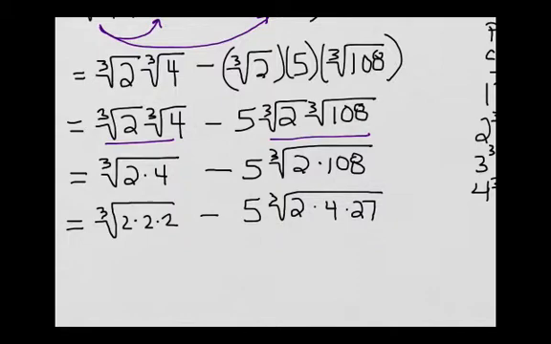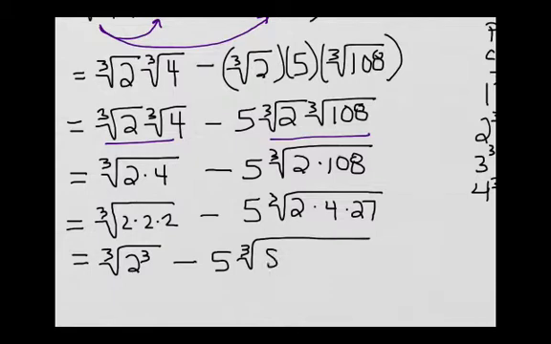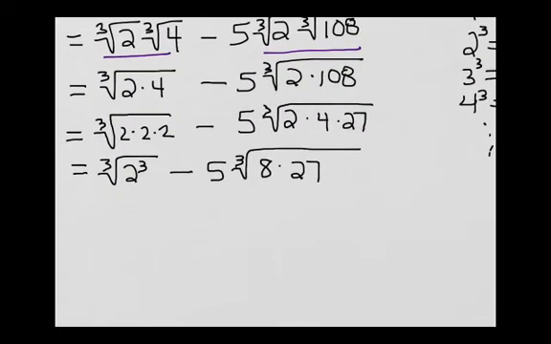radicand in that way. The first one here becomes the cube root of 2 cubed minus 5 times the cube root of, we're going to multiply that 2 and 4 together to give us 8, and then we're going to multiply by 27. So purposely here for you, I'm writing the radicand in two different ways, just so that you can see that either one of those works as we go through to simplify our radicands.